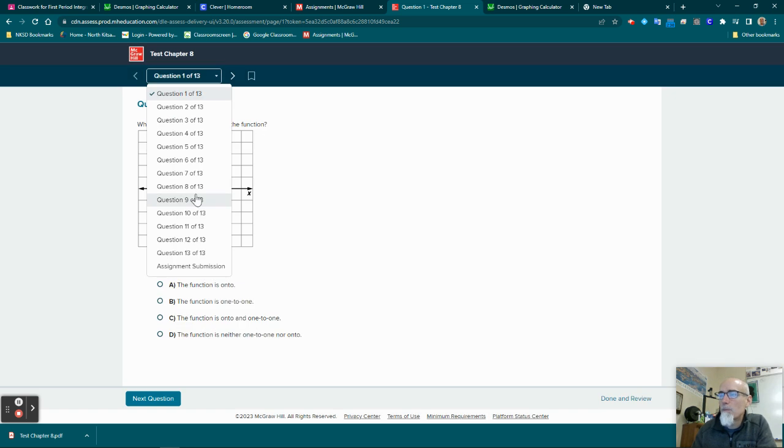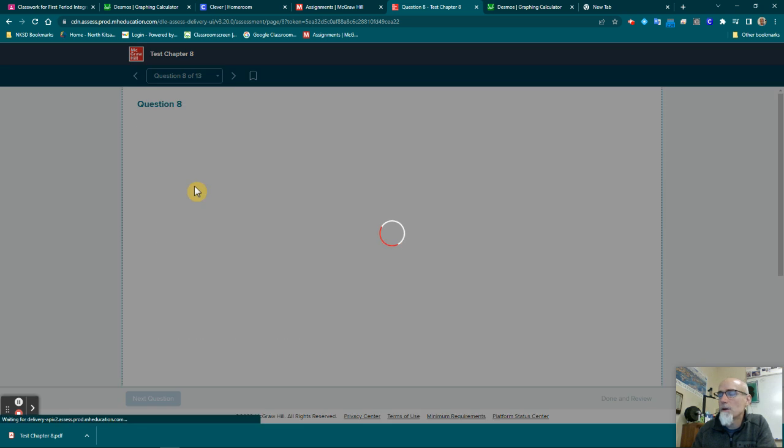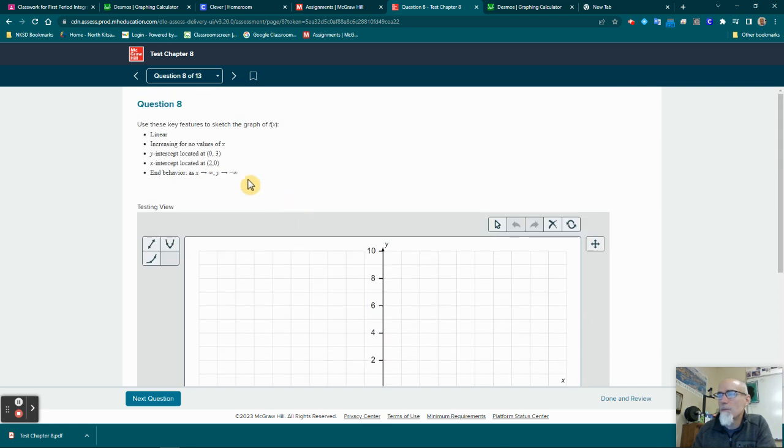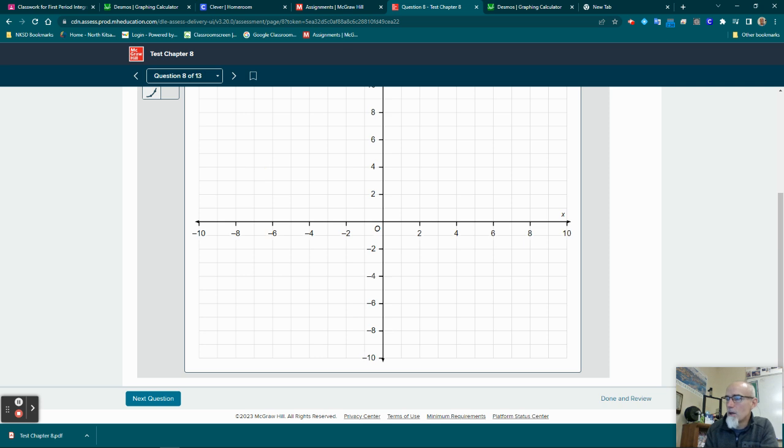So here we go. Problem number 8 is right here. Okay. And 8 said, oh yeah, we're supposed to graph this thing, right? And it says the intercepts are 0, 3, and 2, 0. So let's do that right now. So here is 3, and here is 2, right?